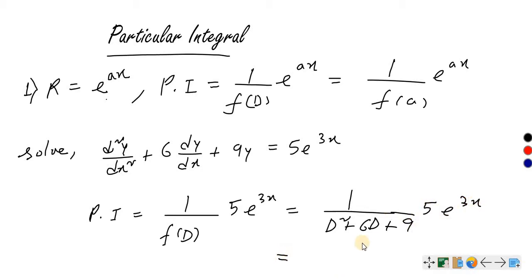Now as you can see, I have written that 1 by f of D is equal to 1 by f of a for an exponential function. So what is the value of a here? 3.